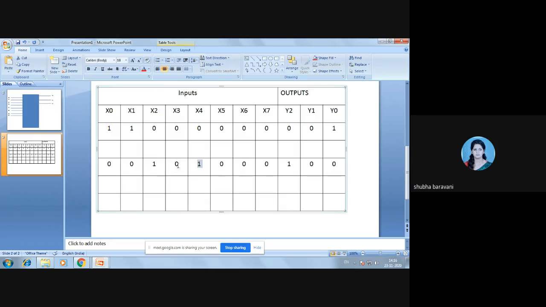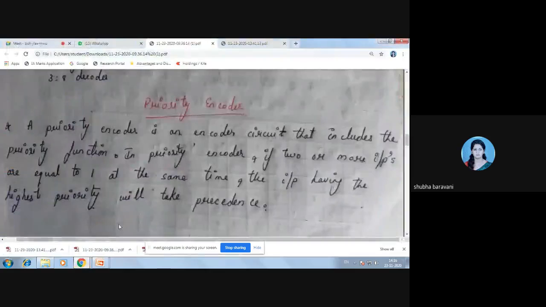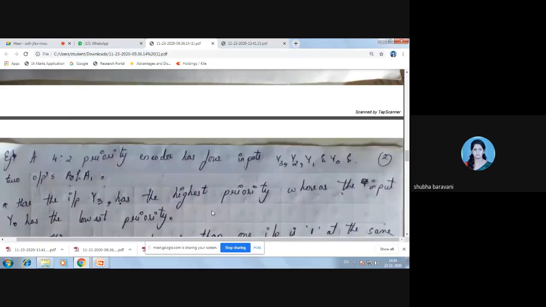Whatever be the condition of the other inputs, priority is given to x4. Understanding?